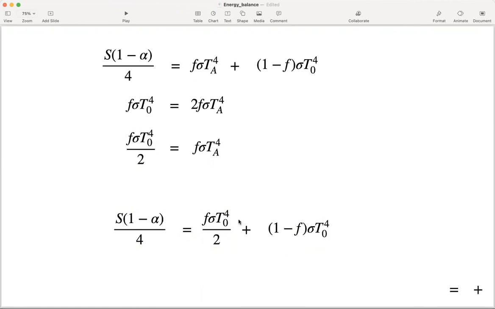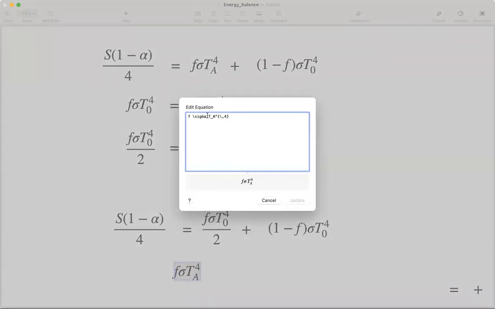And so now what you're going to need to do, again using basic principles of algebra, is rearrange all of this so that on one side of your function you just have T naught.